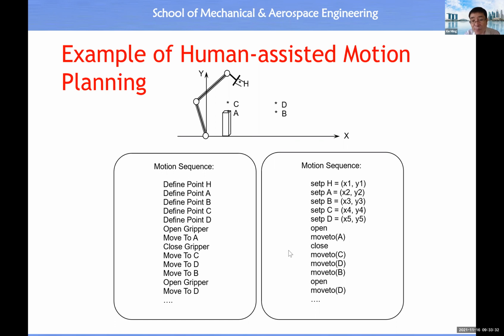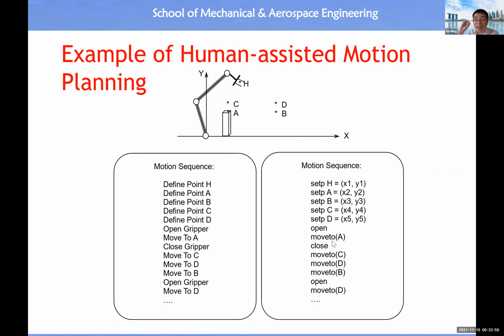And here is a program in the form of a programming language with a library function. So you see, we define the variable vector hash, define vector A, vector B, vector C, vector D. These are the position vectors. Open the hand, move to. You see, we supply this argument. The argument is the next destination.